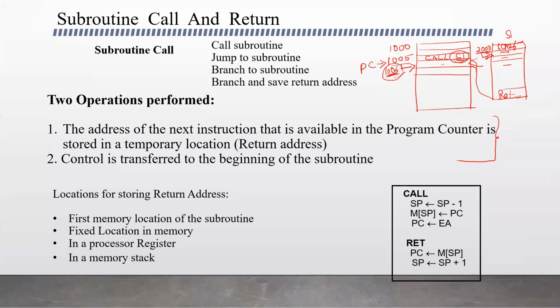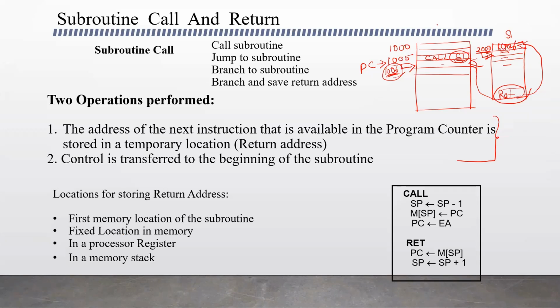So when the return statement in the subroutine is executed, the address stored at the first memory location of the subroutine is used as the return address, and the control returns to that particular place. The return address can also be stored in a fixed location in memory, any particular location.